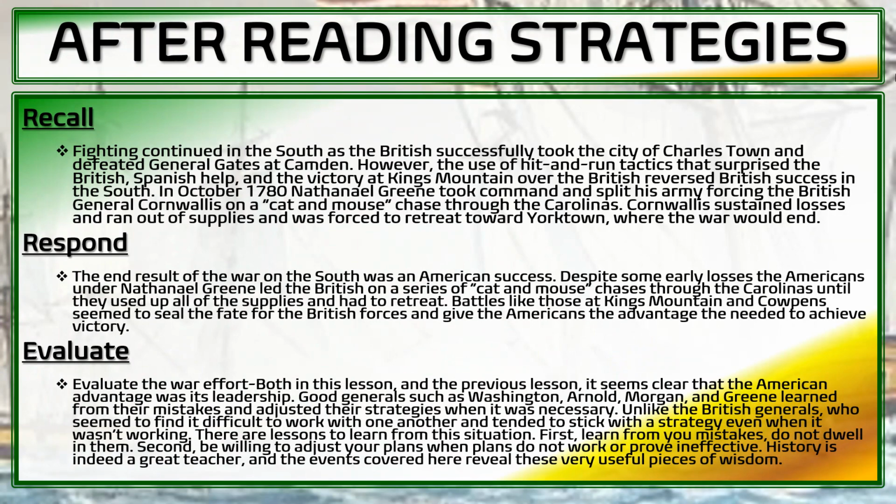That's metaphoric, not for real. But if you're doing the same thing over and over again and you're not producing any success, try something new, right? And we see the American generals doing that. We see the British just being stubborn. First of all, not working with anyone else. There's no team spirit there. And second of all, just sticking with strategies that don't even work. And I think that was their biggest failure. I think that's where they failed the most.